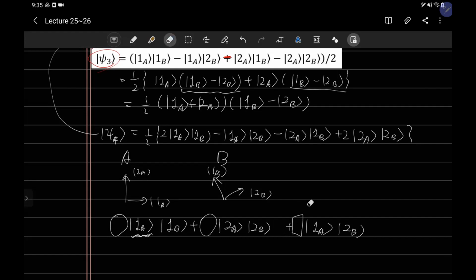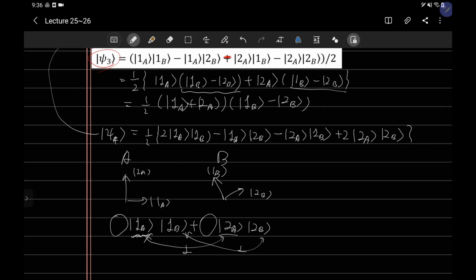But if you have only this kind of combination, then you can definitely tell, because 1B and 2B are orthogonal to each other, and 1A and 2A are also orthogonal to each other. So in that case, you can immediately tell that this state is actually an entangled state.